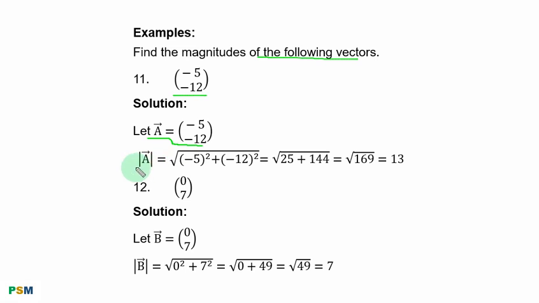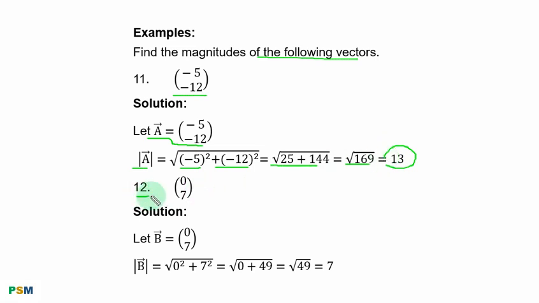The magnitude of vector A is simply equal to the square root of the sum of squares of the components. That is square root of minus 5 squared plus minus 12 squared, that is square root of 25 plus 144. You have square root of 169, and that is 13.